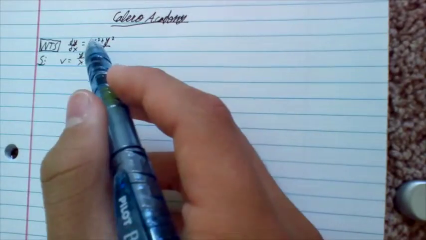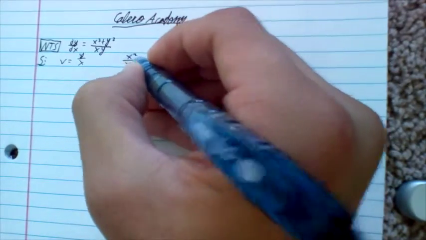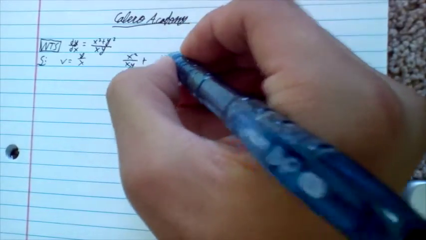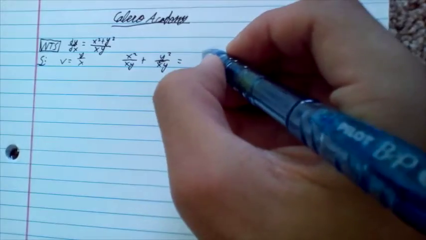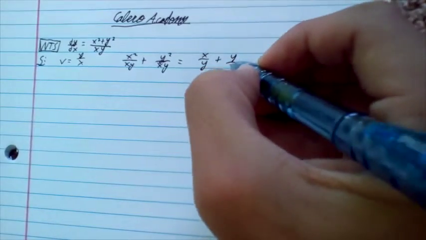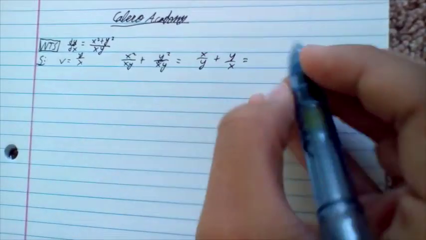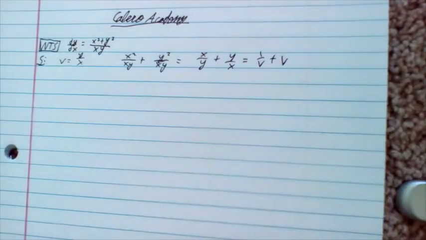How can we substitute v into there? Well, we can rewrite this as x squared on xy plus y squared on xy. And this equals x on y plus y on x, which is going to be equal to, with our substitution, 1 on v plus v.